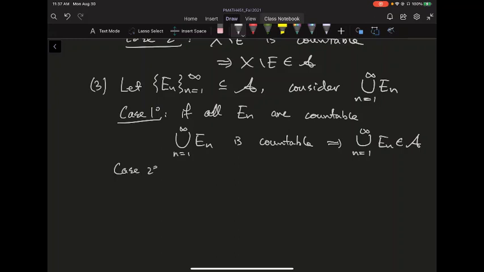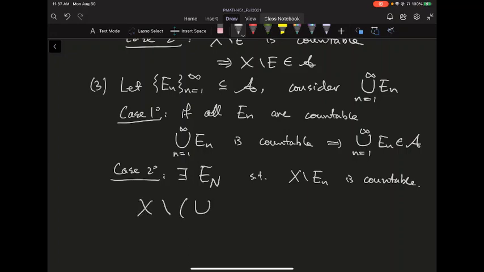In the second case, what happens if one of these E_n is not countable? There exists some E_N that's not countable, so that its complement has to be countable: X take away E_N is countable. If one of them is uncountable and you're taking a union, of course the union won't be countable. So let's think about the complement of this union.